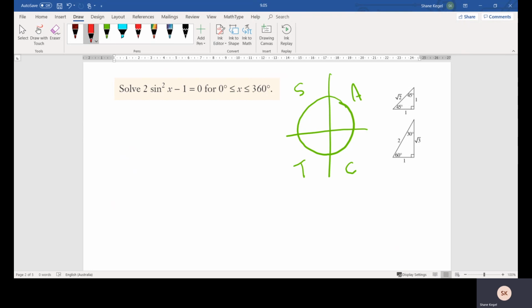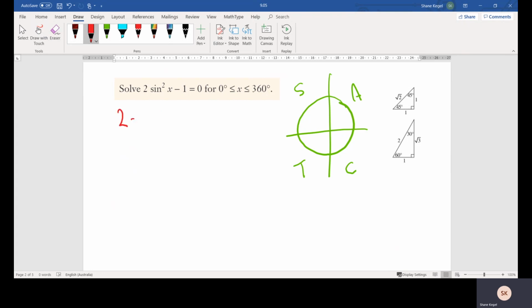I know that sine squared x plus cos squared x equals 1, which means that if I were to subtract sine away, cos squared x equals 1 take sine squared x. Actually, I'm not going to have to go that deep for this one, because sine squared x take 1 is not in the form of 1 take sine squared x, so I won't be substituting in. What I will be doing is just rearranging this formula.